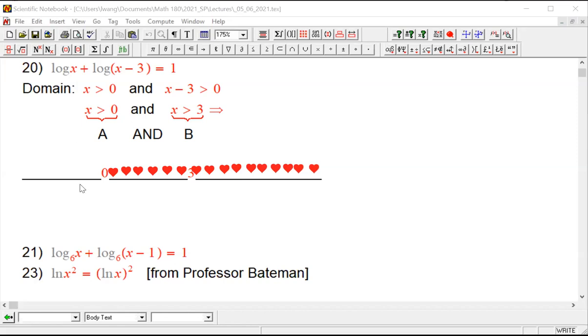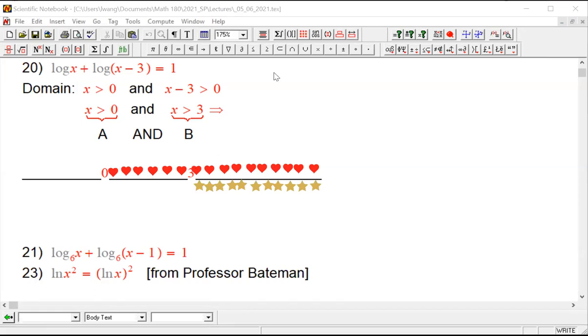Do you follow me? These are the input X, such that X larger than 0 is true. Okay? And these are the numbers larger than 3. These are the numbers of X that will make the statement B true. Yes?